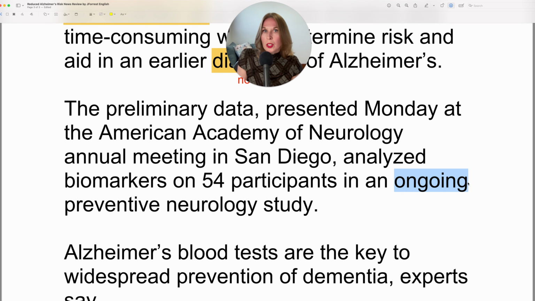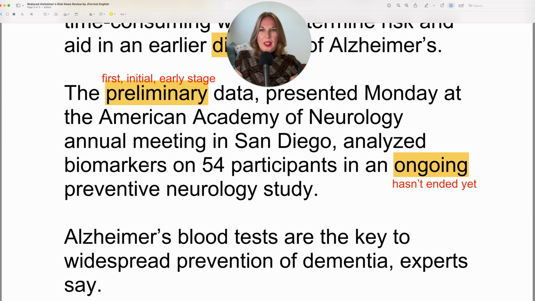It's ongoing. Now, I think this is the second time we saw the word biomarker here just in the plural, and we didn't discuss it before.